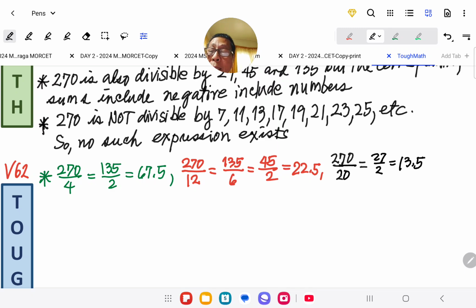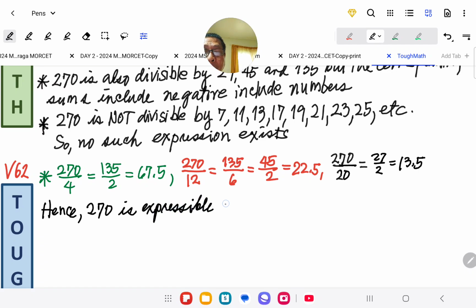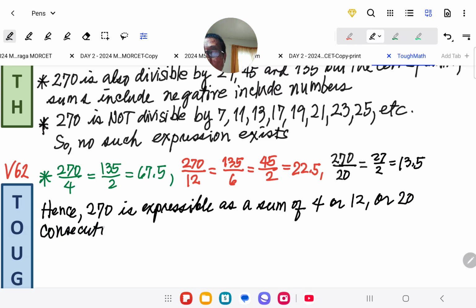And so hence, 270 is expressible as a sum of 4 or 12 or 20 consecutive positive integers.